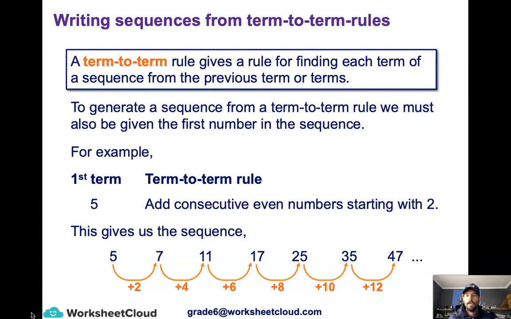Consecutive even numbers are the numbers in red. So 2, 4, 6, 8, 10, 12, they are all even numbers, and they are consecutive even numbers because those are the ones that come in order.